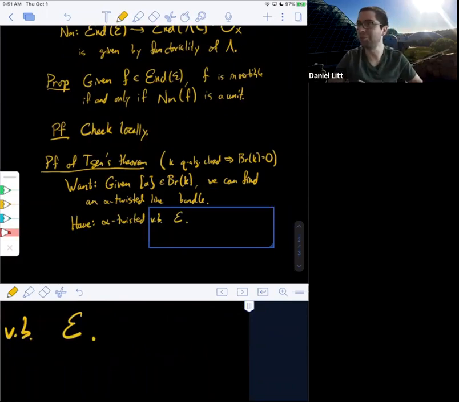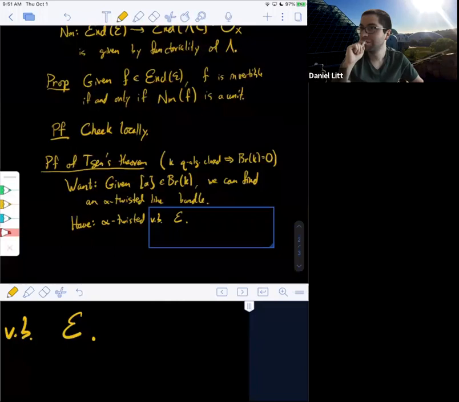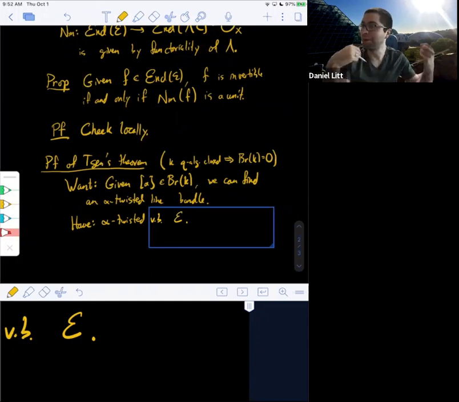Okay, so anyone have any suggestions? And my hint is that we're going to use the reduced norm. So what do we want to do? Well, if E has rank 1, we're done, right? So what we want to do is find a subbundle or a quotient bundle of lower rank.